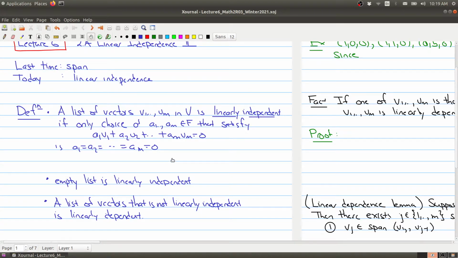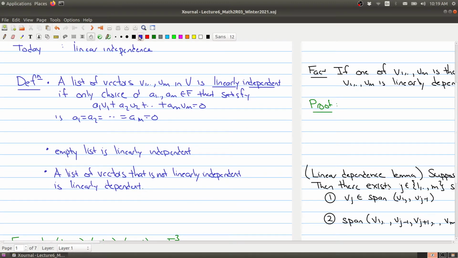Going to the definition, that means there is a non-trivial choice of a1 up to am such that a1 times v1 plus a2 times v2 up to am times vm is equal to 0.